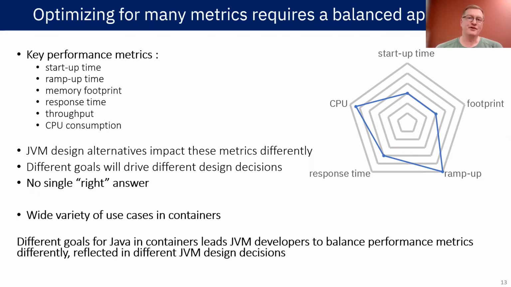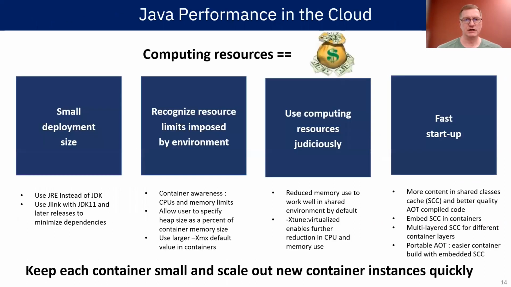So these different goals for Java in containers lead JVM developers to balance these performance metrics differently, and that reflects in different design decisions. And that's what this talk is about: talking about some of the different decisions that we've made as JVM developers in OpenJ9 to enhance or to not enhance various technologies inside the JVM to provide this better cloud optimized experience. Next slide, please.